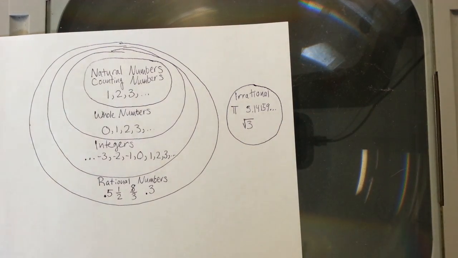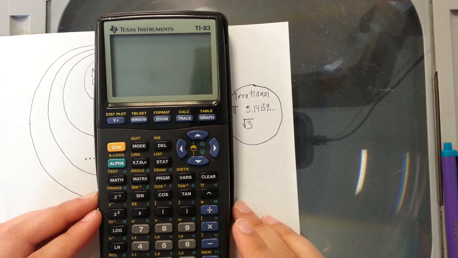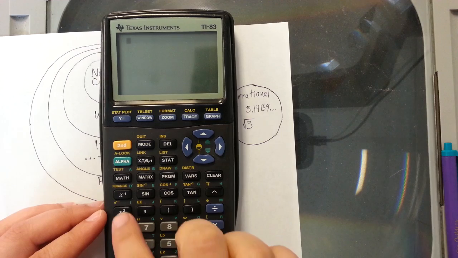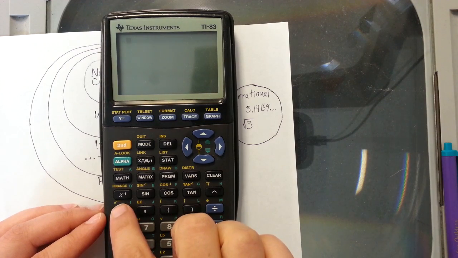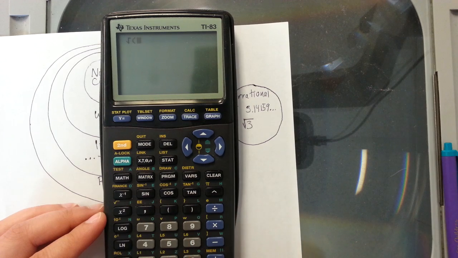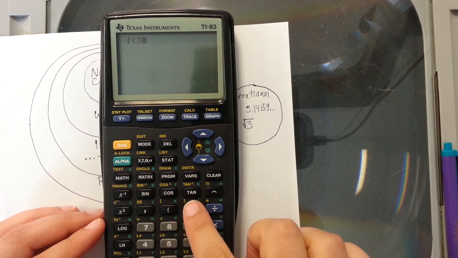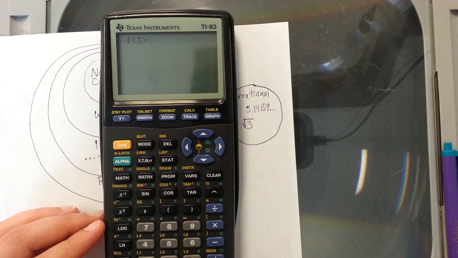Okay, if you put that one into your calculator, I'll show you how to do that now. Turn your calculator on. My calculator has the little yellow square root right there, so I'm going to press second, the square root button, and then put 3, finish up the parentheses, and press enter.